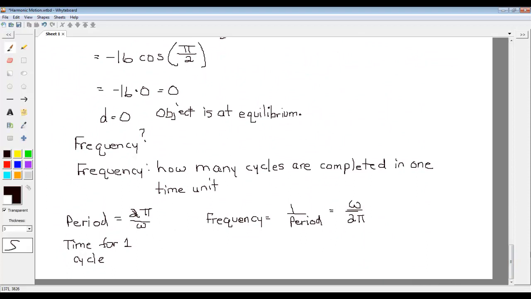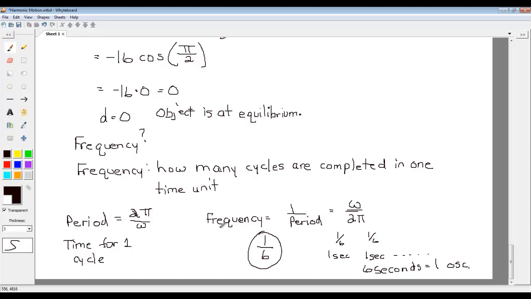So the question is, in one time unit, 1 second, how many oscillations are there? Well, there's going to be 1/6 of an oscillation in 1 second. As 1 second passes, you have 1/6, and as another second passes, you have 1/6 more, and so on. And once 6 seconds pass, that'll be 1 oscillation. So the frequency is 1/6.